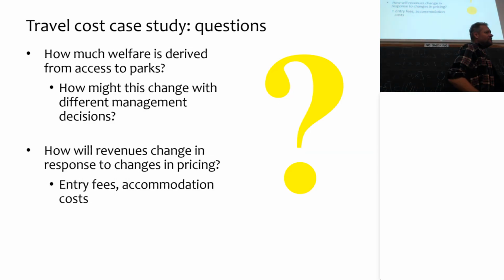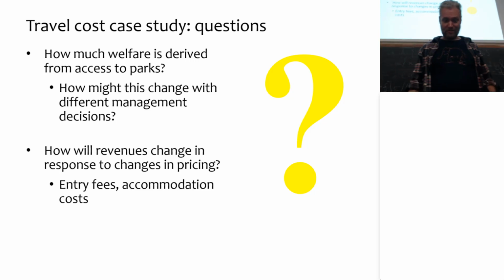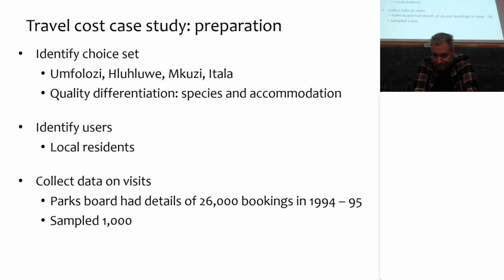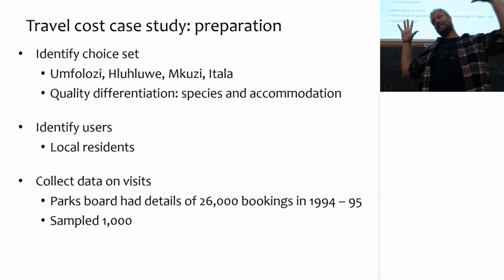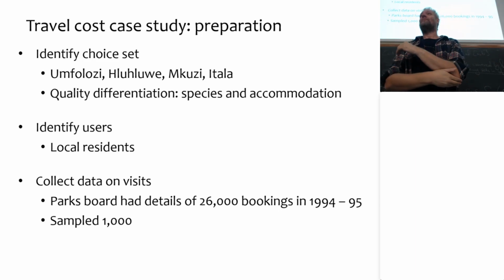So, how much welfare is derived from access to this park? How might this change with different management decisions? Those are the questions. You might ask yourself, how will revenues change in response to changes in pricing? So in this particular study, first you begin by saying, well, this is my choice set.